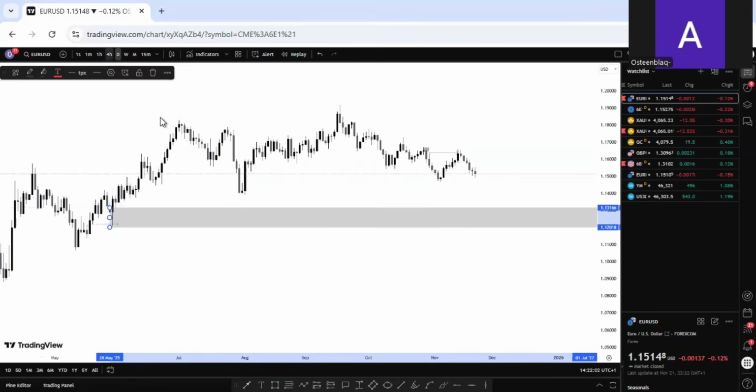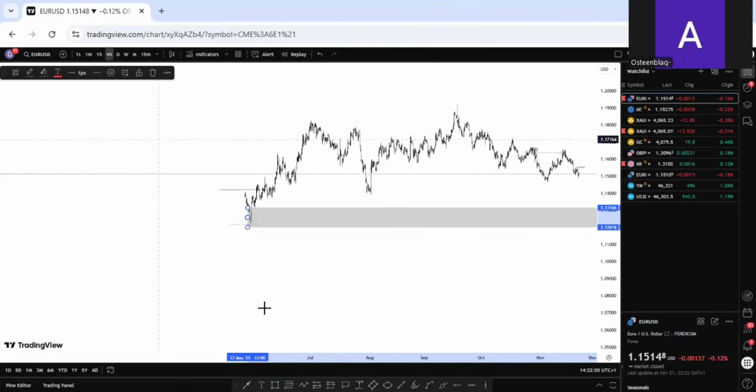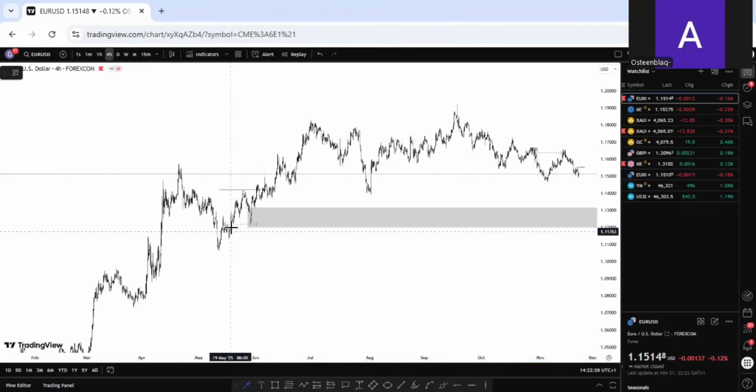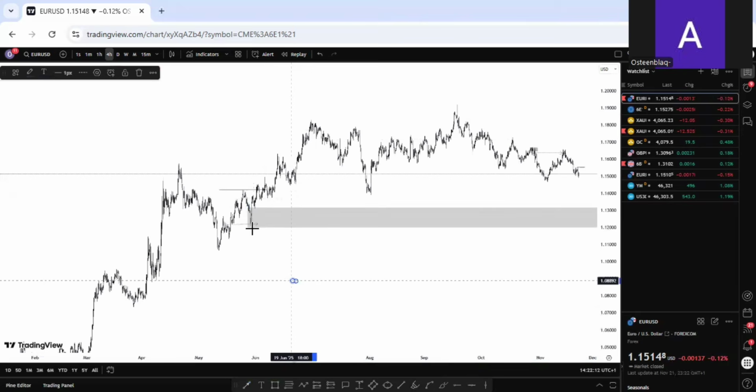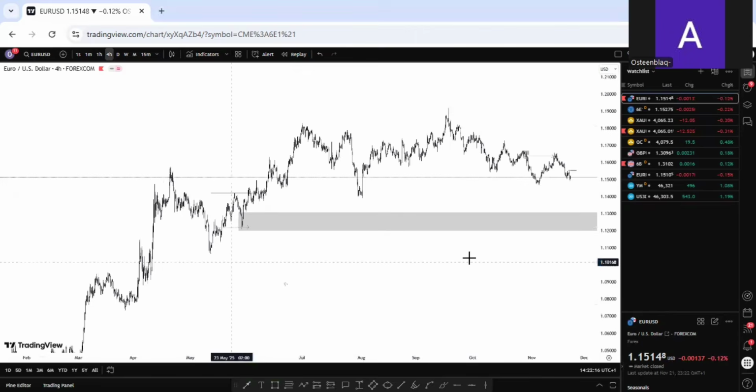And on the 4-hour time frame, what can we see? This is a type of order flow, swept liquidity, broke structure. So this particular place here is a 4-hour zone.